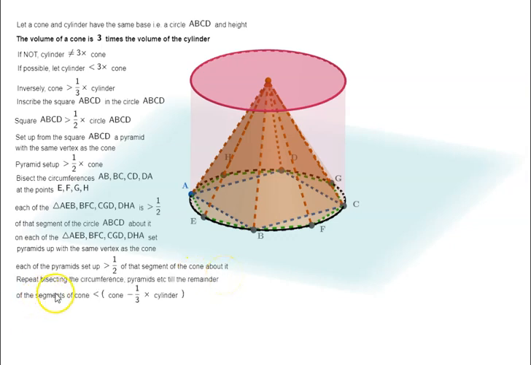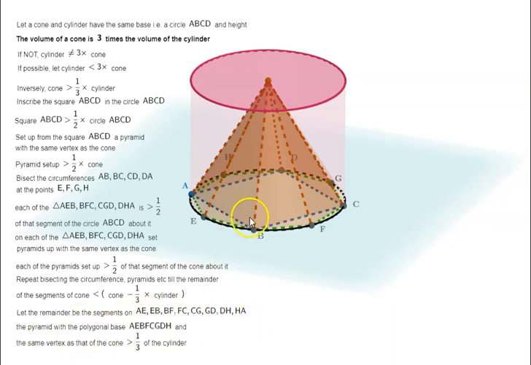Again, we repeat bisecting the circumference, setting up the pyramids, etc., till the remainder of the segments of the cone is less than the difference between the cone and 1/3 of the cylinder. For simplicity's sake, let the remainder be these segments itself.